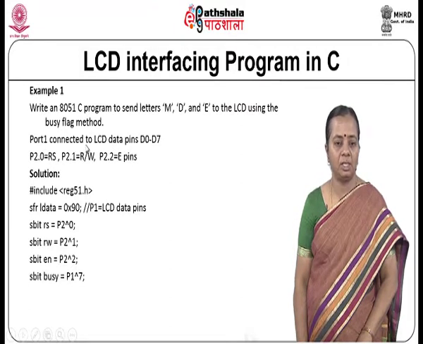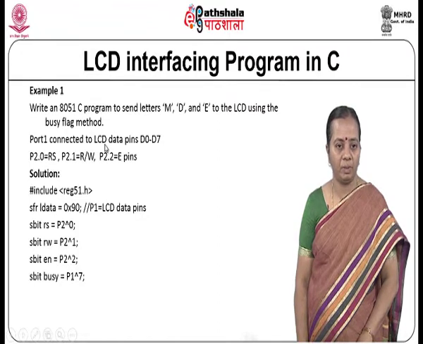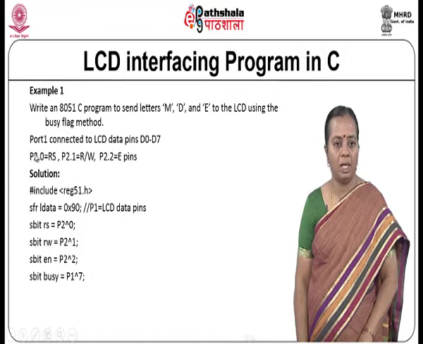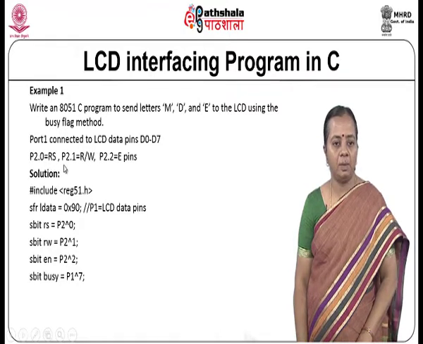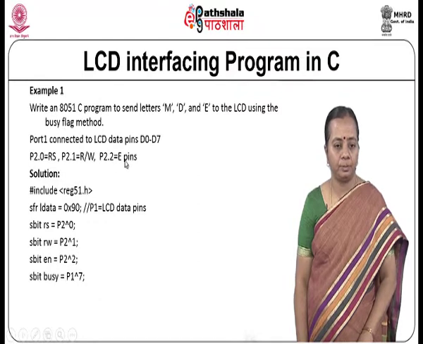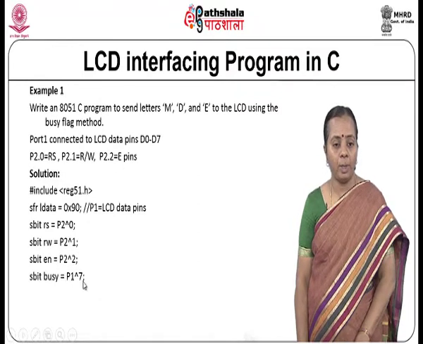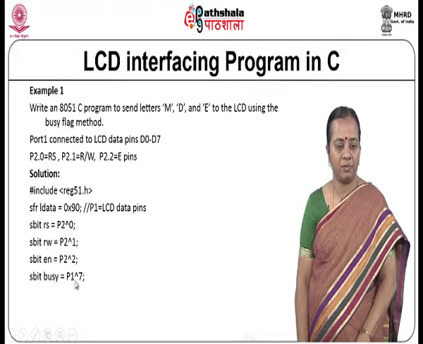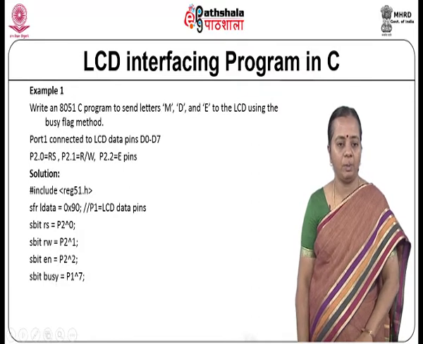In this code, we have connected the LCD data pins at port 1, P2.0 is register select, P2.1 is read bar write, and P2.2 is the E pin. And P1.7, that means port 1's 7th pin, is for checking the busy flag. If this is 1, then it is busy. If it is 0, then it is not busy. So that way we will be using it.